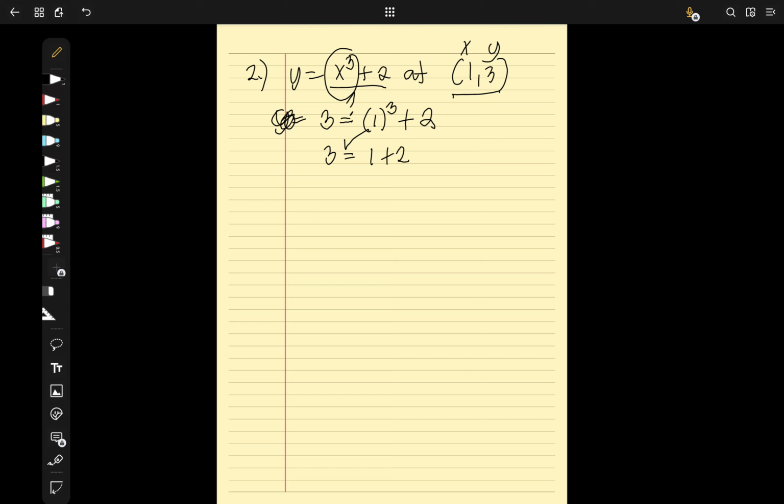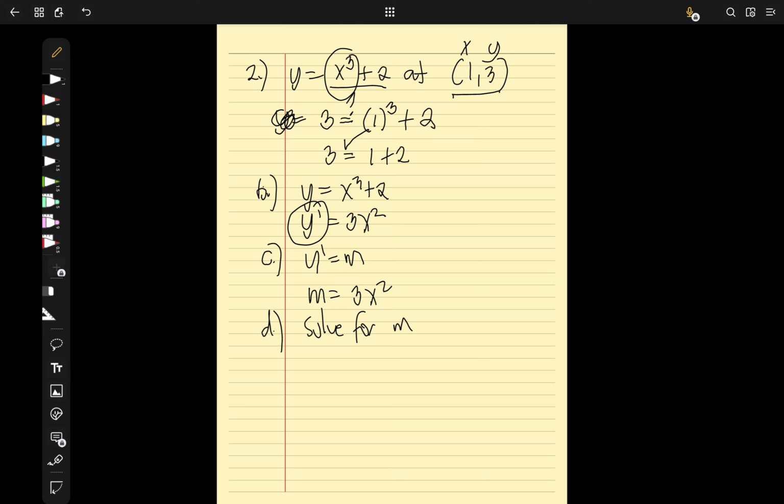Now, next, find y prime. If y is equal to x cubed plus 2, y prime is equal to 3x squared. Then, letter C, y prime equals m. So, this y prime will become m equals 3x squared. Then, step D, solve for m.